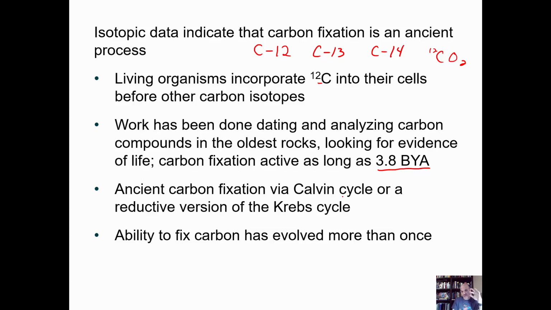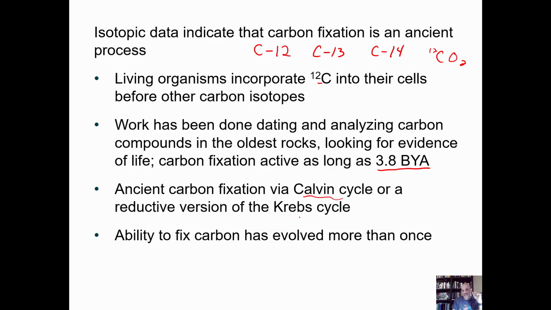This is the one that occurs within the stroma of the chloroplast. But it seems that cyanobacteria, green plants living today, and even bacteria that use photosynthesis but don't produce oxygen, anoxygenic, like purple sulfur bacteria, all use the Calvin cycle to fix carbon dioxide.